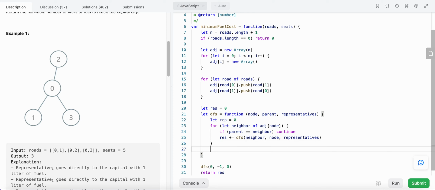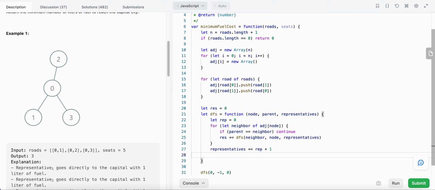And then finally our result becomes equal to the local representatives plus 1, that is the total number of representatives from its neighbors plus the representative from the city itself, plus 1.